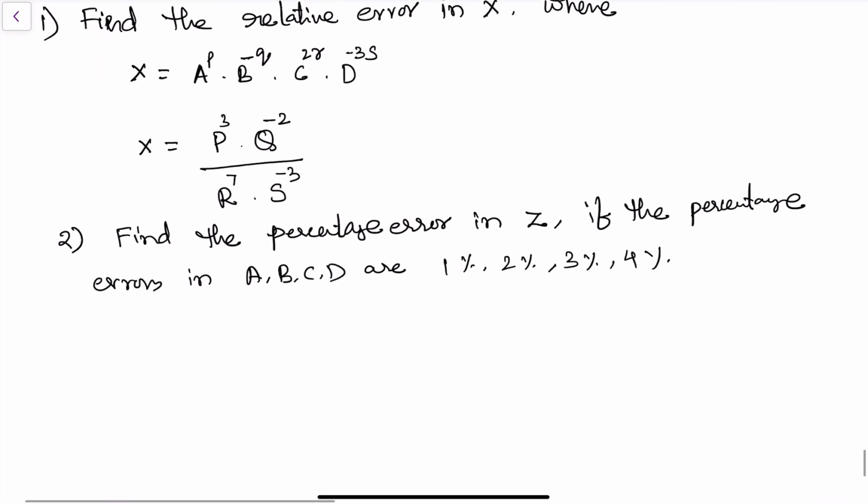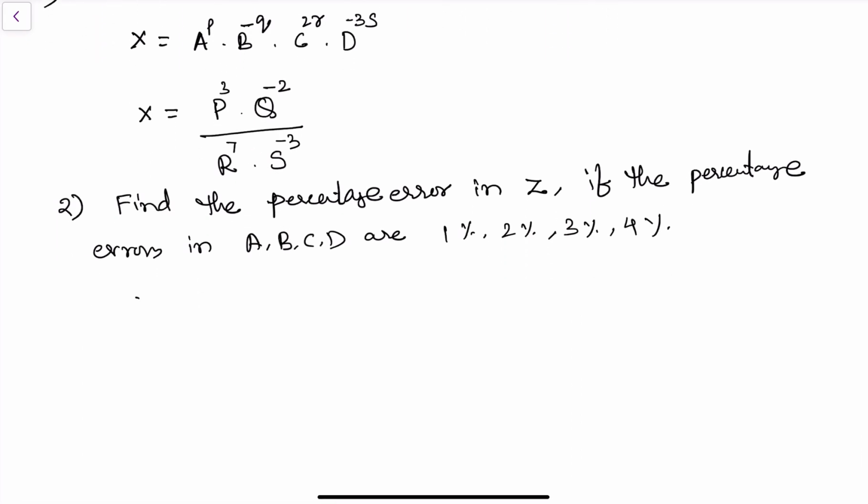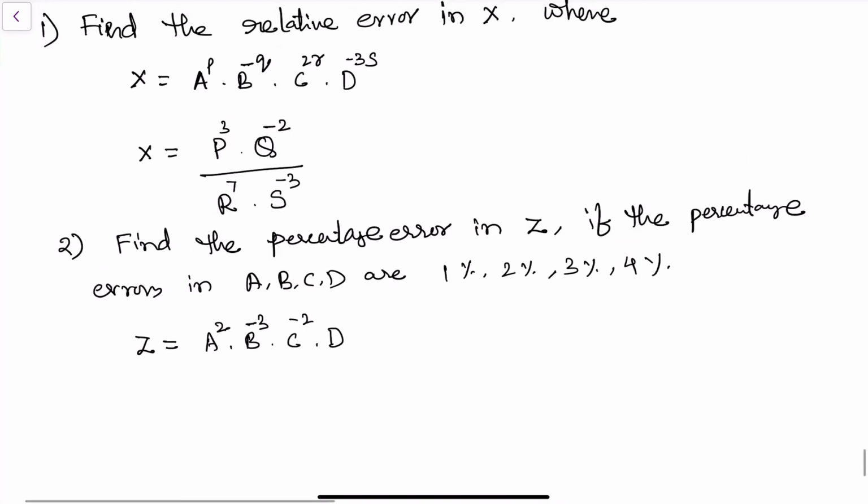You do this simple problem. Z is equal to A square B power minus 3 C power minus 2 into D. So you have to find the percentage error in Z. So these are simple problems. Now you can work them out.